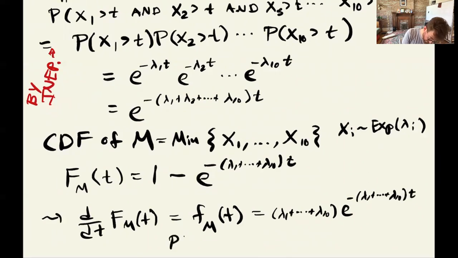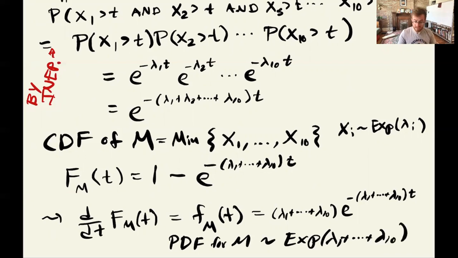This is the PDF for M. It is actually another exponential, but equal to the sum of each of the parameters that govern the individual lambdas.